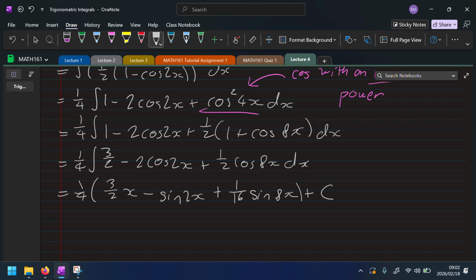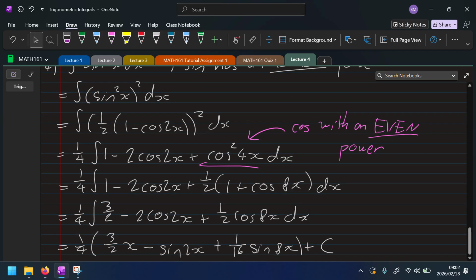Everyone clear with this example? No? Who said no? Okay, so here we're using cos squared theta is 1/2 1 plus cos 2 theta. Right, you know the double angle?